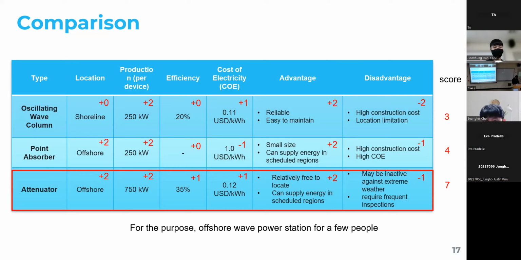So we scored about the conditions. For the proposed offshore wave power station for 500 homes, the attenuator has 7 points. So we choose the attenuator for the site.